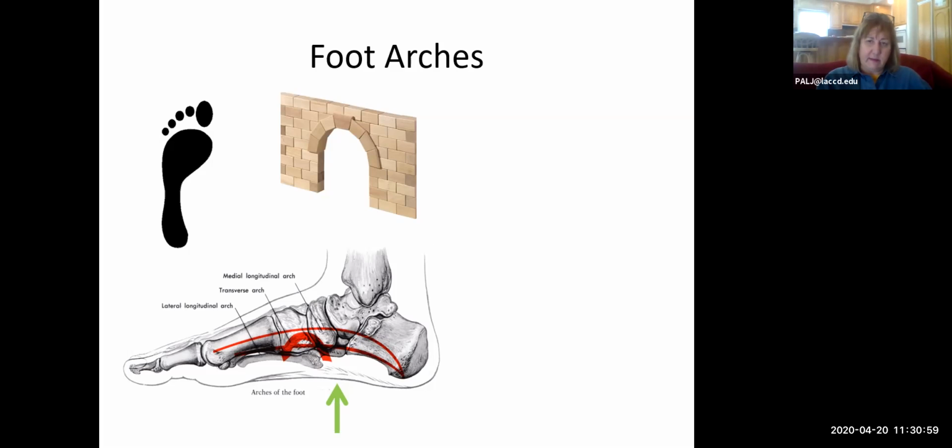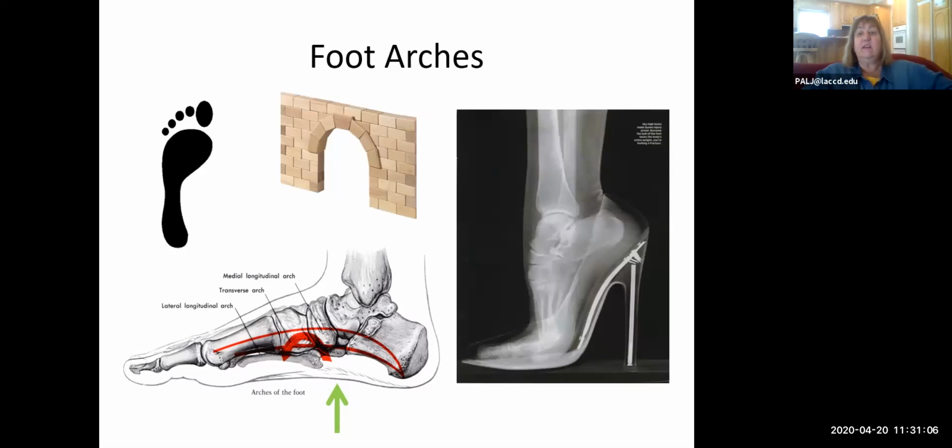Now, ladies and gentlemen, let's talk about what happens when you put on those 4-inch stripper heels. They give you a sexy looking calf, but where is all of your weight going? If you notice, it's coming right down the tibia, going to the talus, but it's not going to the calcaneus.